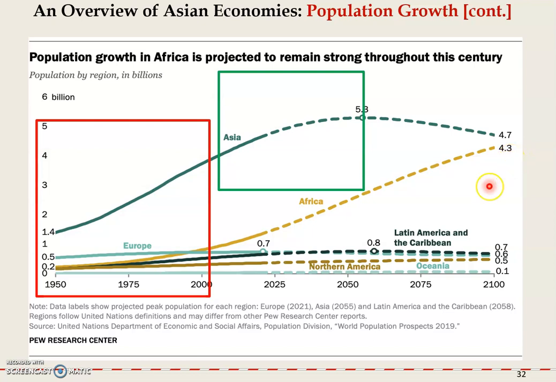Okay. Now, I said this is interesting because, if what we saw in Asia within this red box, a higher population growth, coincides with higher economic growth, then the same thing could be copied for Africa in the decades to come, right?